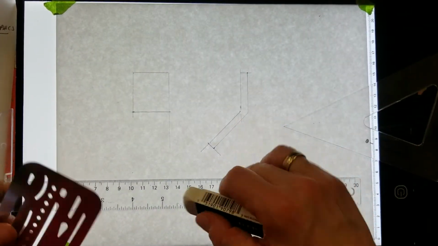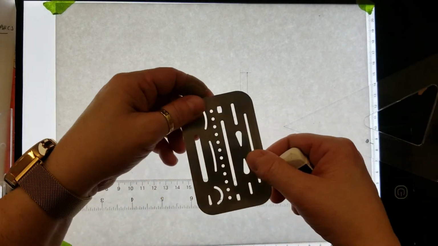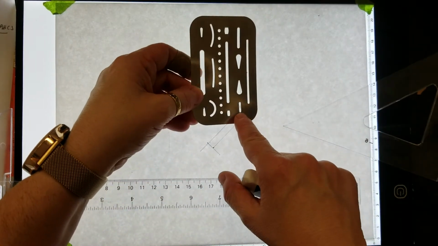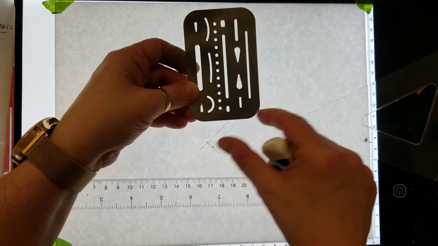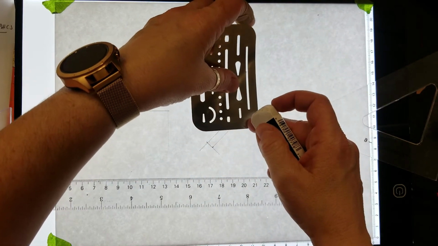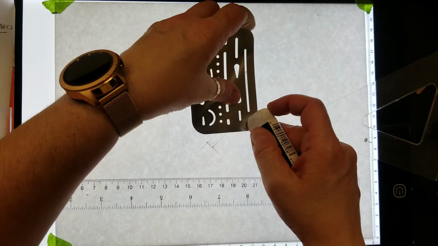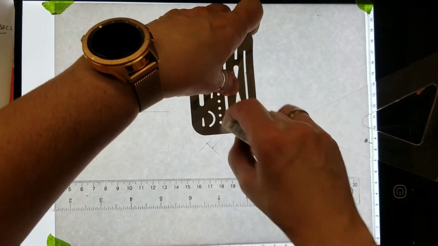That saves everything else around it. Now in this case I do have a little bit of an extension line, but that's why your eraser shield has all these different shapes in it, for all these different erasing opportunities.